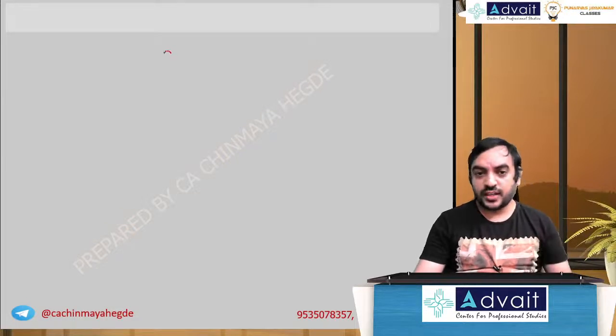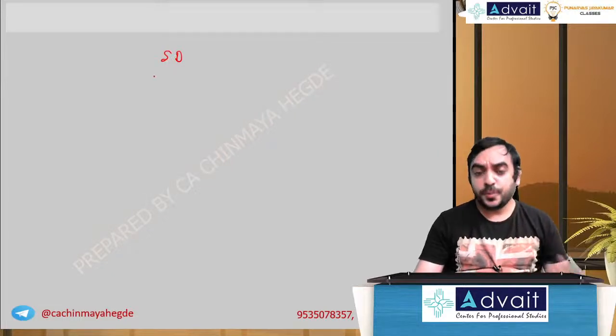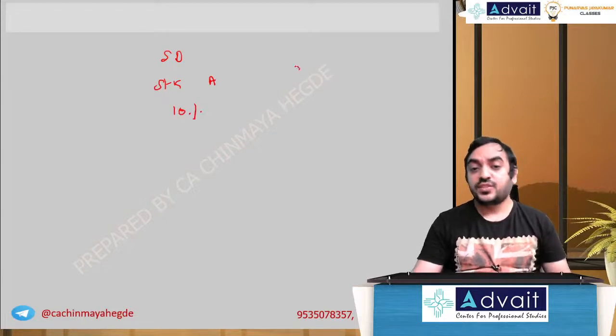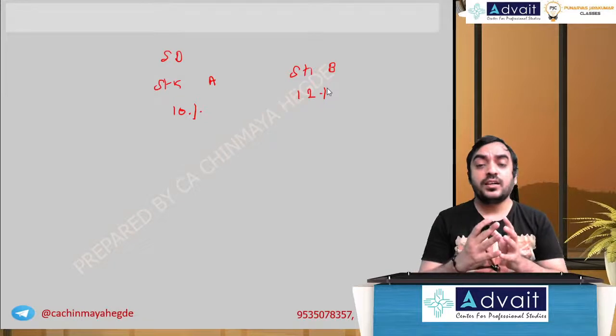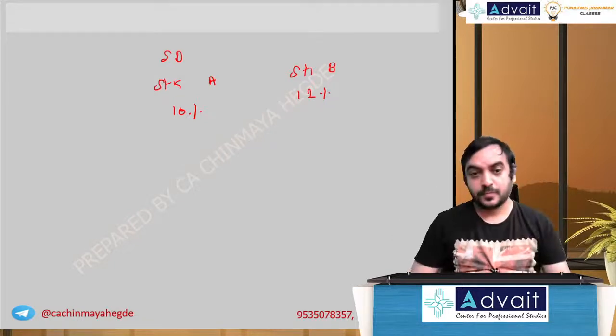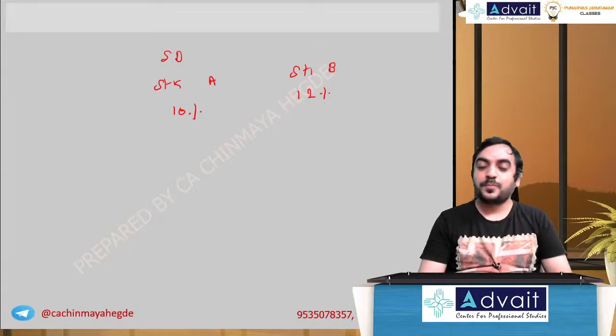So basically, what is standard deviation? I will give a simple example. Suppose of stock A, standard deviation is 10% and stock B, standard deviation is 12%, which is more riskier? Which is moving faster? Obviously, you say 12% stock B, but that is not right.